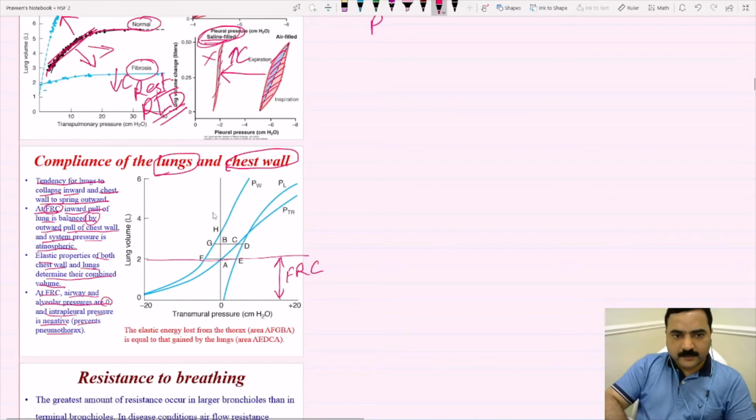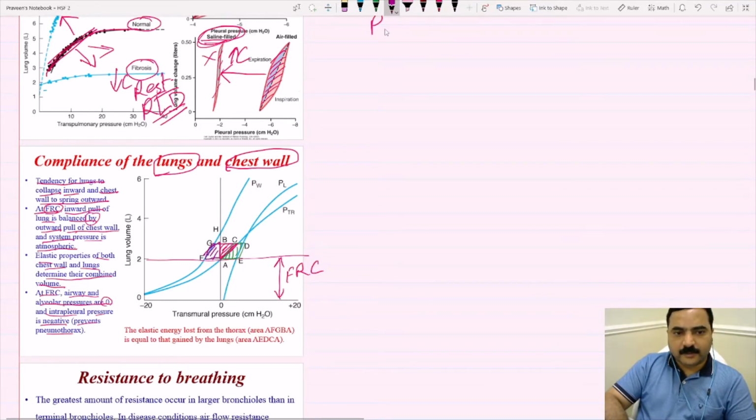Over here, this line represents the combined compliance. And this area is the work done by the lung in order to create that inspiration or the tidal volume. This area represents the elastic functioning of the lung, and this area over here represents the functioning of the chest wall.